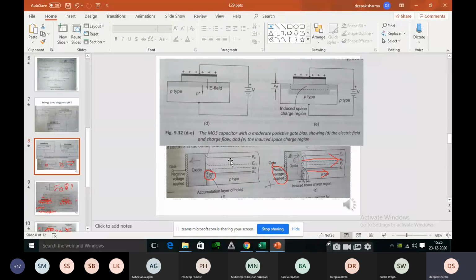So in the substrate, what is happening, right? That thing is being represented with the help of the energy band diagram. So Fermi energy is near to the valence band. Correct. Why is it near to the valence band? Because there is accumulation of holes. Correct.